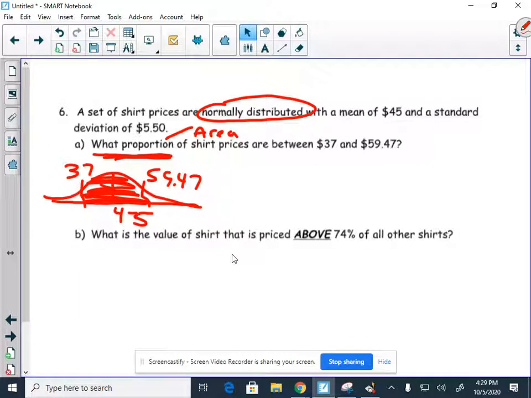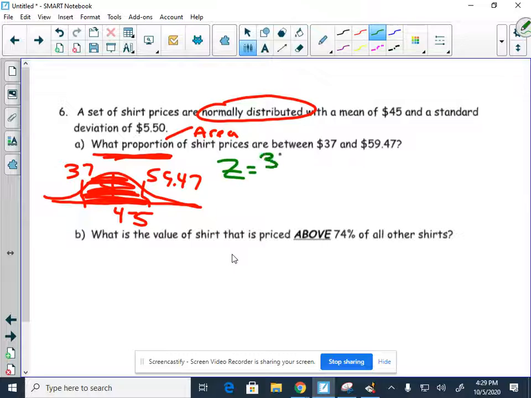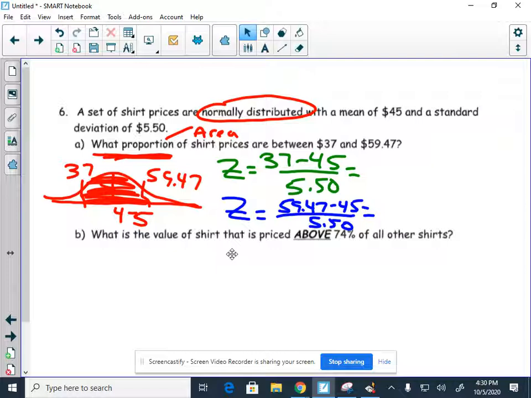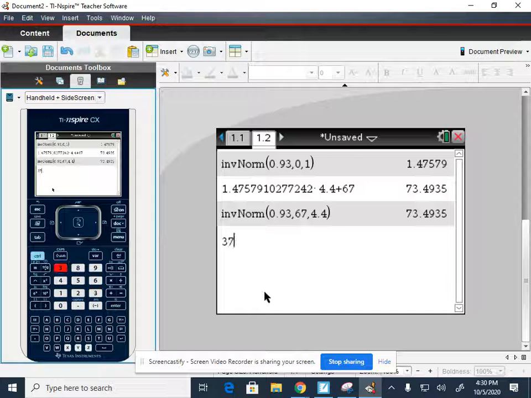You're going to need 2 z-scores. A couple z-scores that we're doing. You have to calculate them. 37 minus 45, I'll do it for your sake, divided by 5.5.